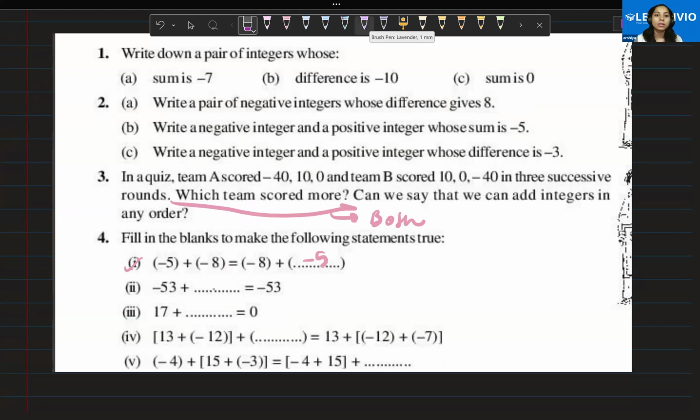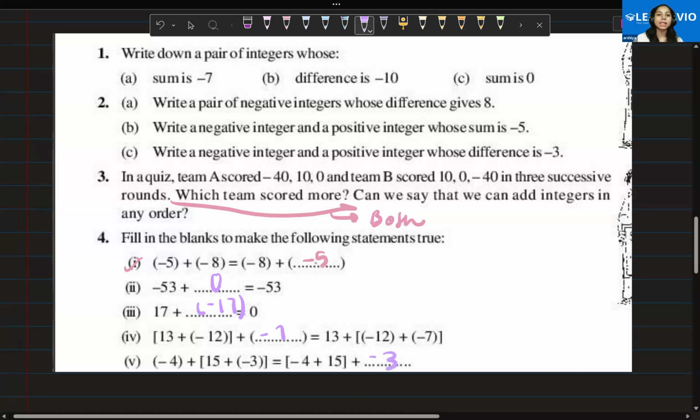Sorry, ma'am. Minus 17. Correct. Saad, can you answer the fourth one? Negative 7. Yes. And the last one. Negative 3. Yes, correct. Quickly write this down.